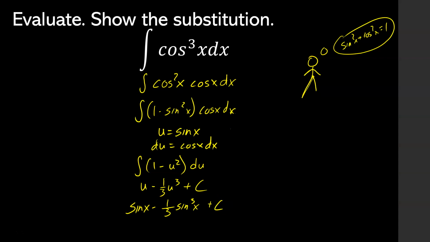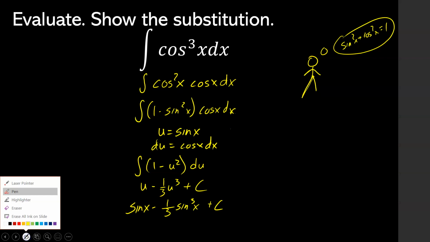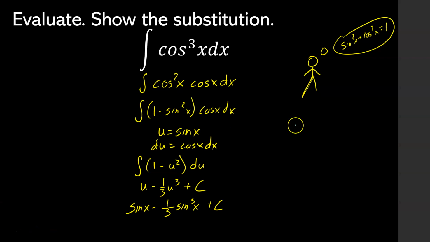I don't know, does that work out? That seems a little bit complicated. Maybe we'll do a derivative to check. So y equals sine x minus 1/3 sine cubed plus our constant. Let's make sure y prime is cosine cubed. We'll probably have to do some moving things around.